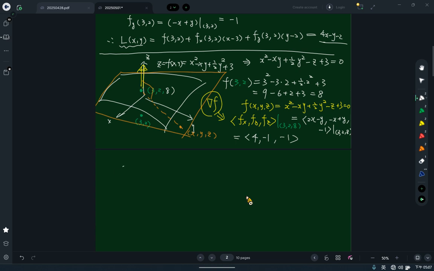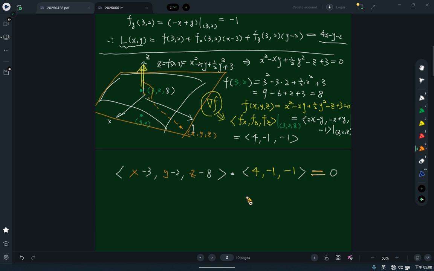So (x, y, z) is an endpoint minus the start point (3, 2, 8), inner product with the gradient vector (4, -1, -1) should be 0, right?